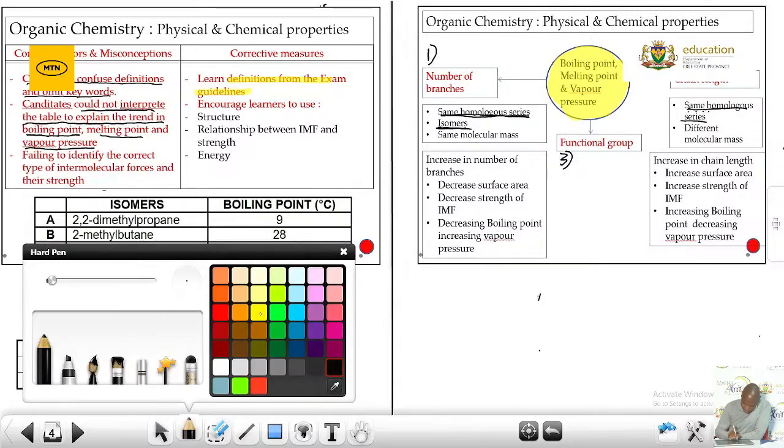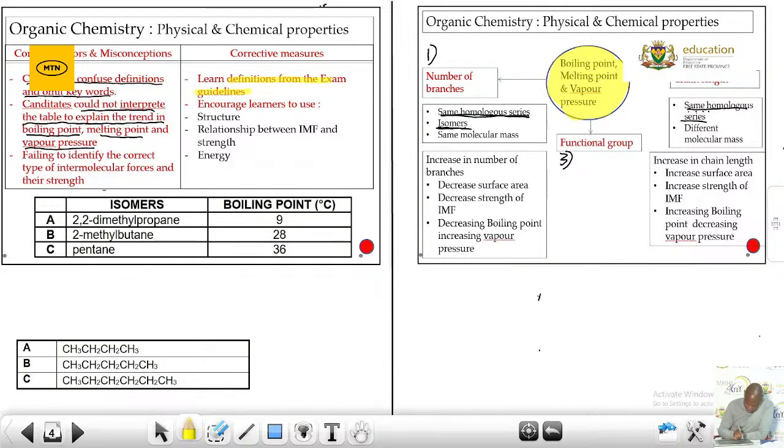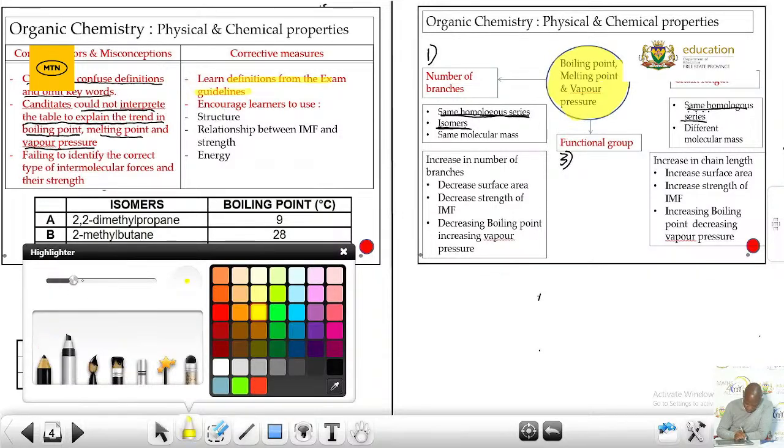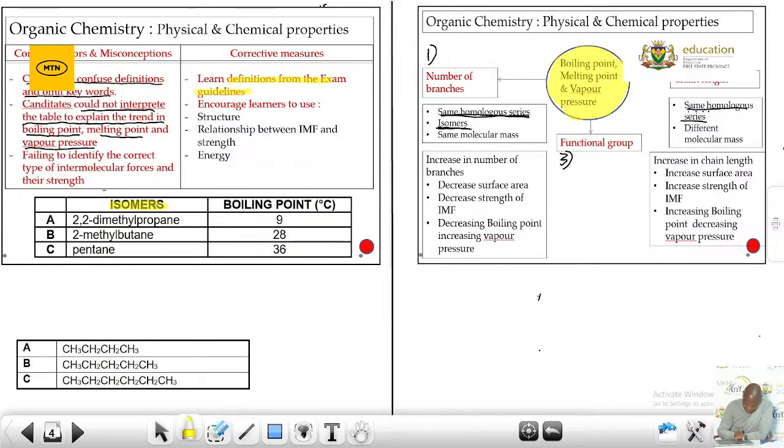And the examiner is now telling me that these are isomers of each other. So the fact that they are isomers, it means the examiner is asking me to explain something in terms of the number of branches.